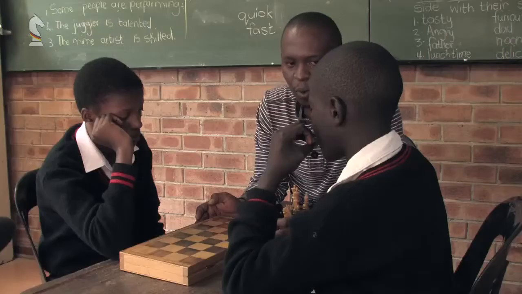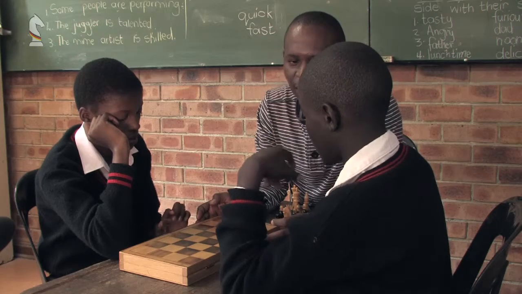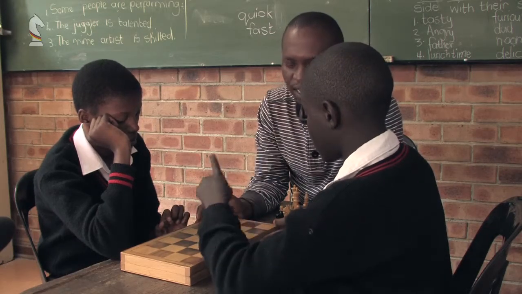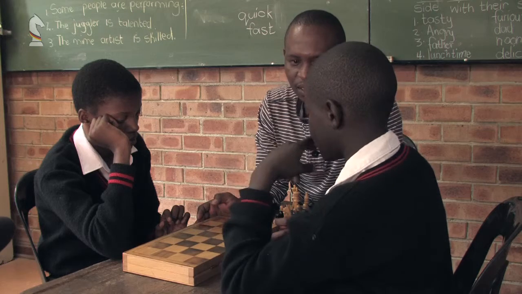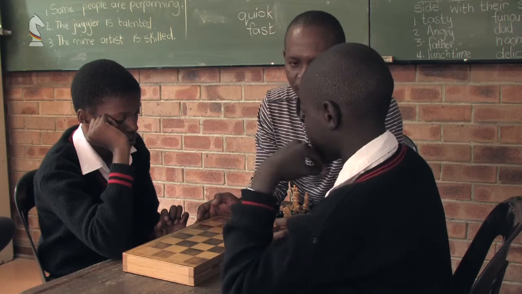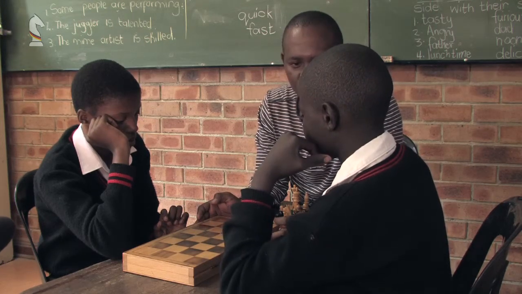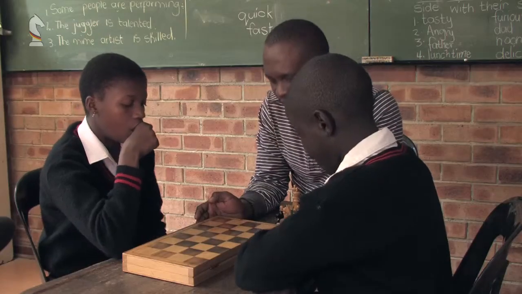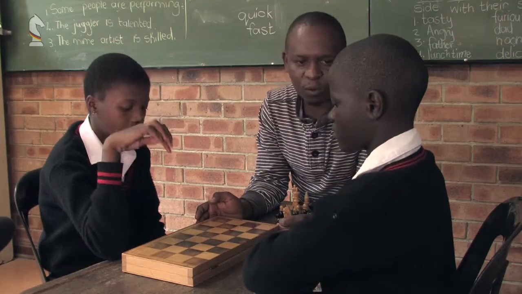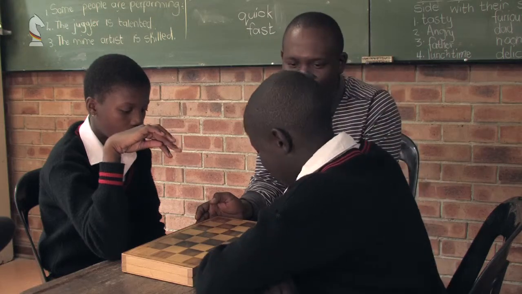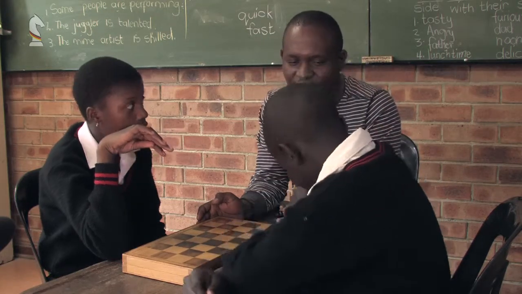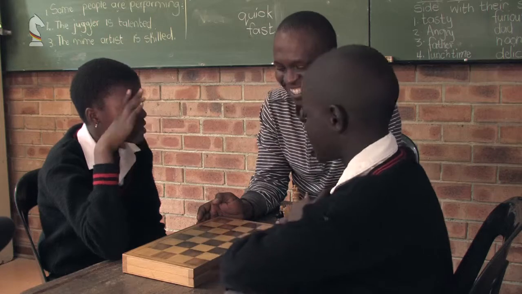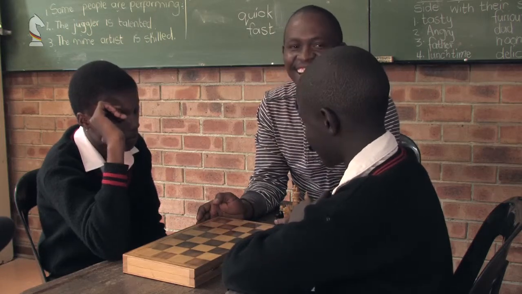Our knight is on c1 and our rook is on b7.